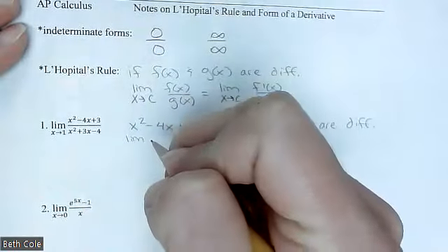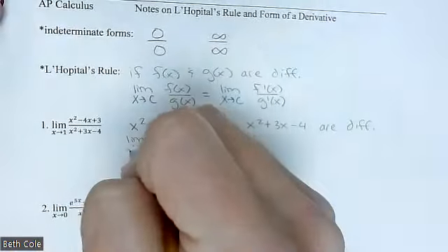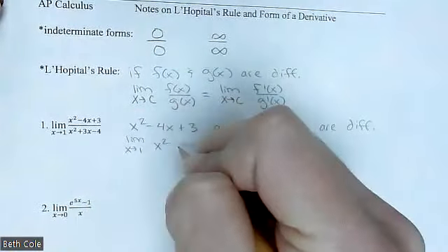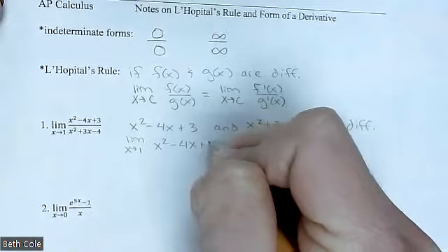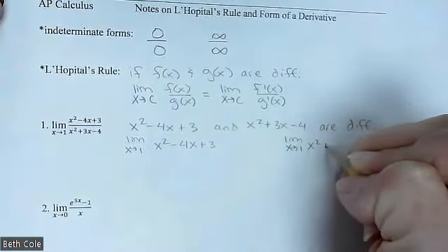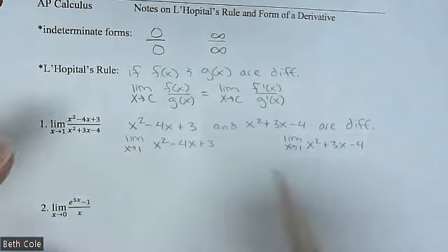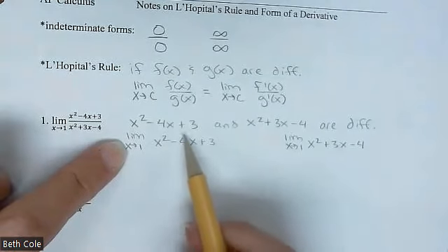So we're going to do limit as x goes to 1 of just the numerator, and then limit as x goes to 1 of just the denominator. You have to do them separately, because if you do it together, it's going to equal 0 over 0, and you're not allowed to say that. You can't link those together. It's a linkage error. But if you plug in 1 to this, what are you going to get?